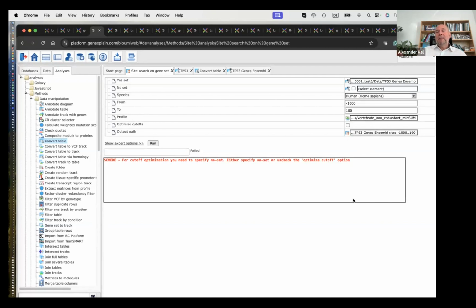You just relax them, and the system will find the cutoffs for each matrix by itself and optimize them automatically. But here we don't have a null set, so we don't need to optimize any cutoffs. Just run it as it is, so we have to unclick this optimize cutoff option. All right, let me see how it will work.